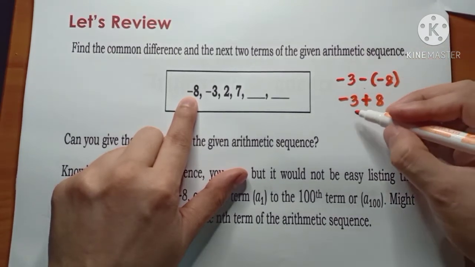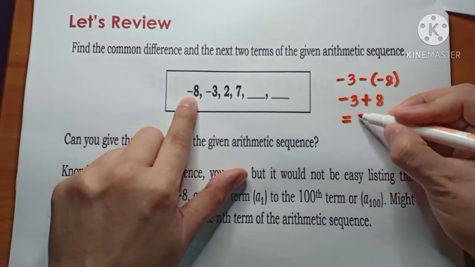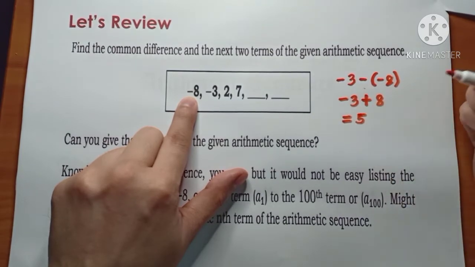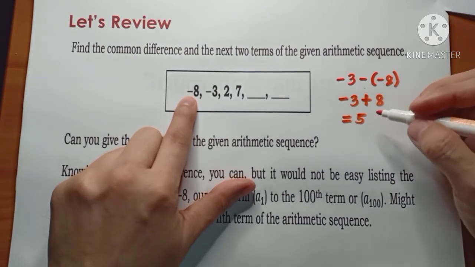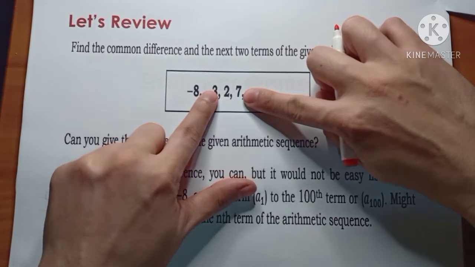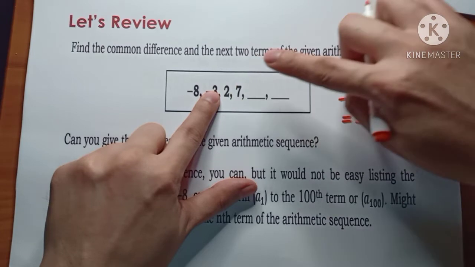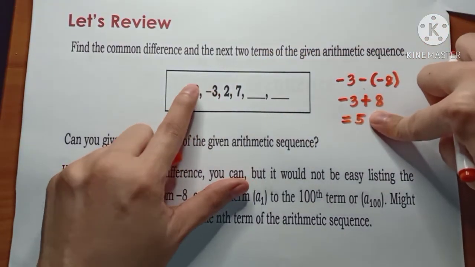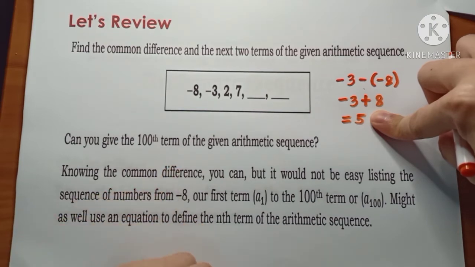So therefore, -3 plus 8 is equal to positive 5. So therefore, ang ating common difference is positive 5. So kung parehong positive ang ating kukunin kaagad, mas mabilis kasi 7 minus 2 is equal to positive 5. So pareho lang siya.